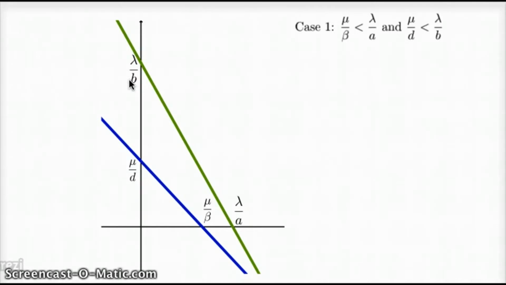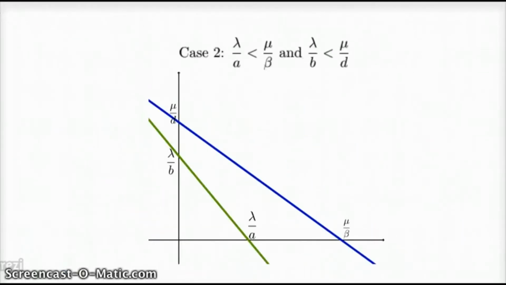If this is the case, you can see that there is no intersection in the first quadrant. In fact, these two lines would be intersecting somewhere in the fourth quadrant.